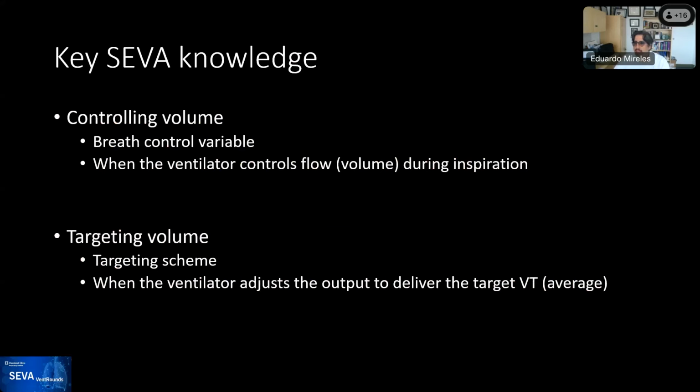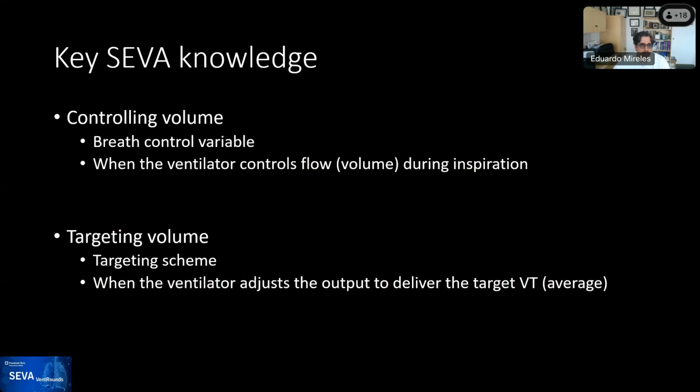So the key SEVA knowledge, and I'll ask Rob to comment on this, is that there's a difference when we talk about controlling volume and targeting volume. This may seem like a simple item, but it's not necessarily the same thing. When we talk about controlling volume, we're talking about the breath control variable, which is part of what we define as a mode.